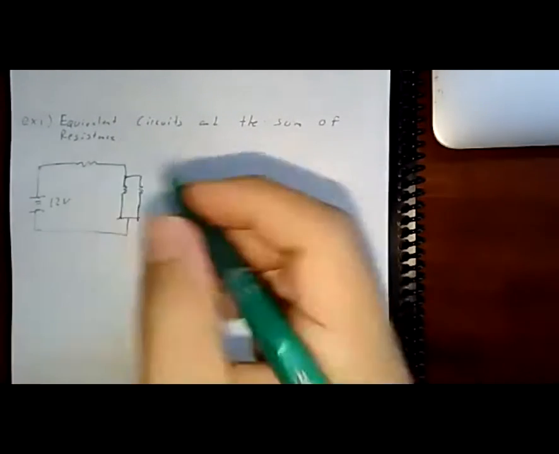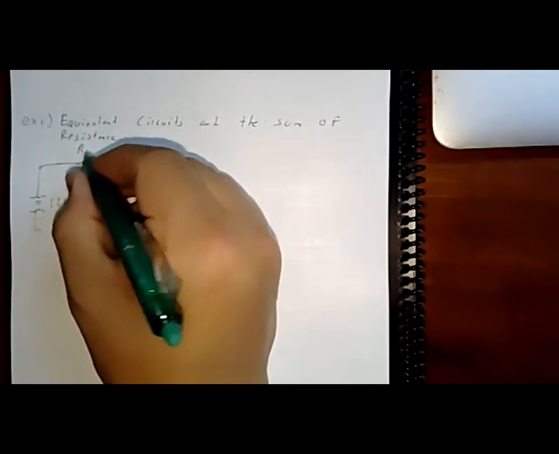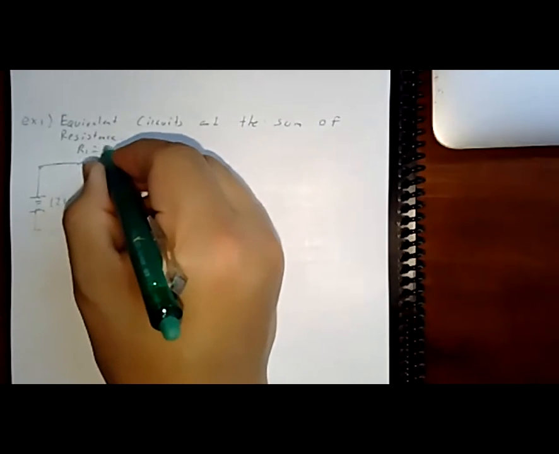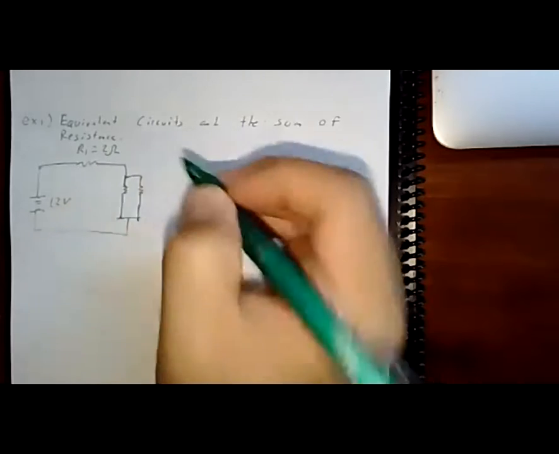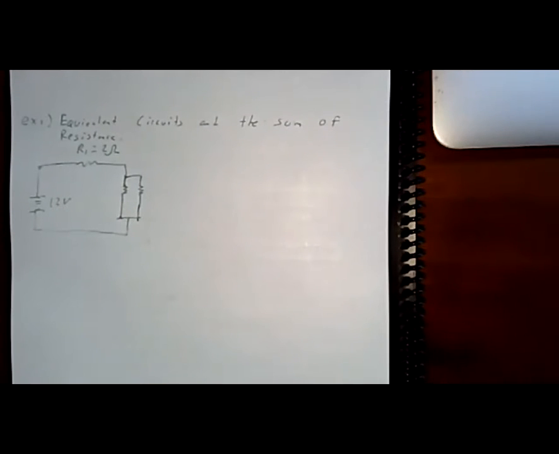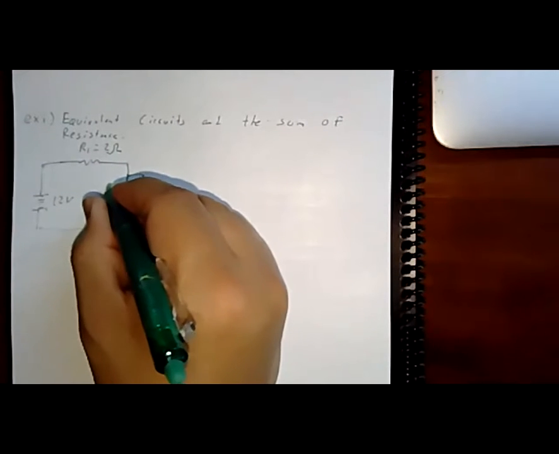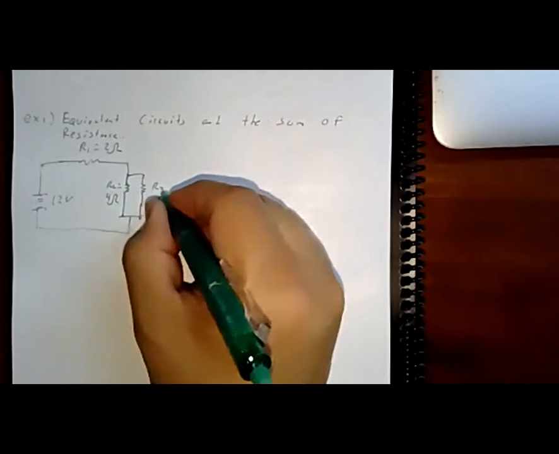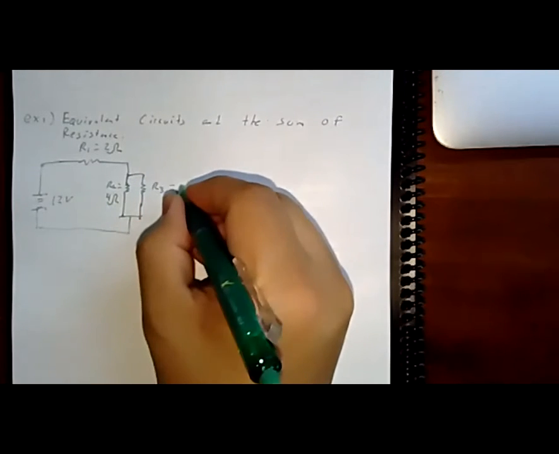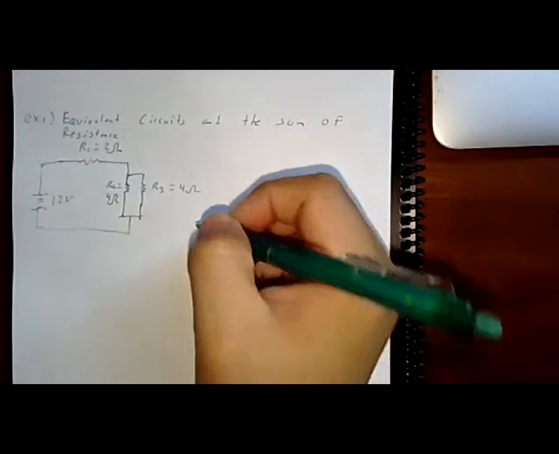So let's say this is a 12-volt source. We have one resistor R1 equal to 2 ohms. So resistance units are going to be in ohms. You can't write the omega symbol very well, but it's supposed to be an omega symbol. This will be R2, and that's equal to 4 ohms. R3 will be equal to, I'll make it the same, 4 ohms.